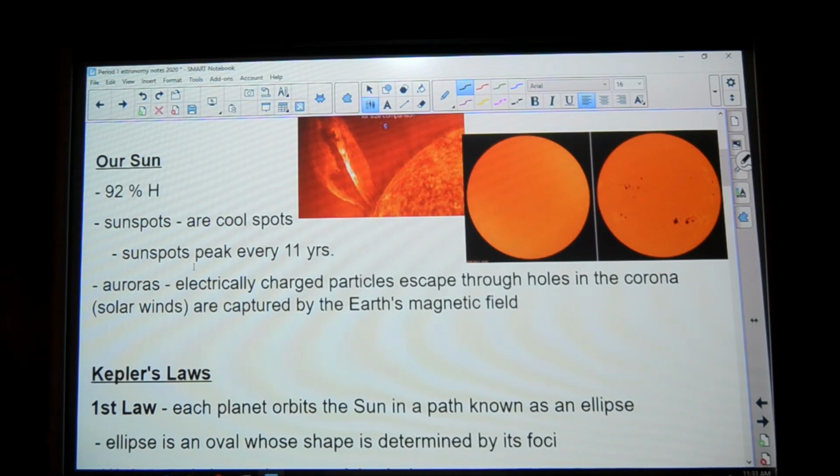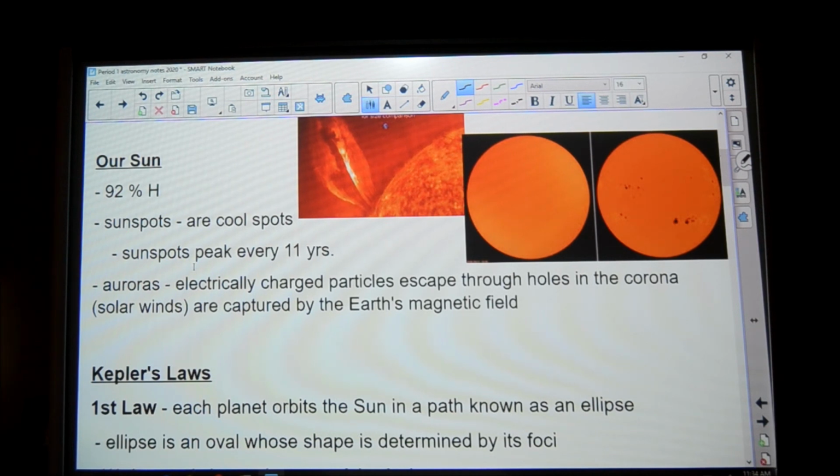If you're looking at our sun, remember we said our sun is in the main sequence phase. It's there as long as it has hydrogen to fuse to make helium. Looking at it through spectra, it's approximately 92% hydrogen. The first picture on the left is a solar flare. These are actually photos from NASA.